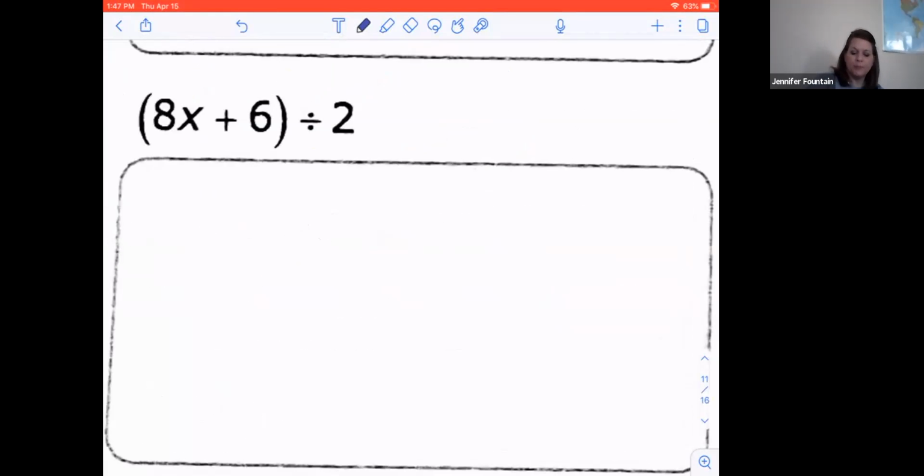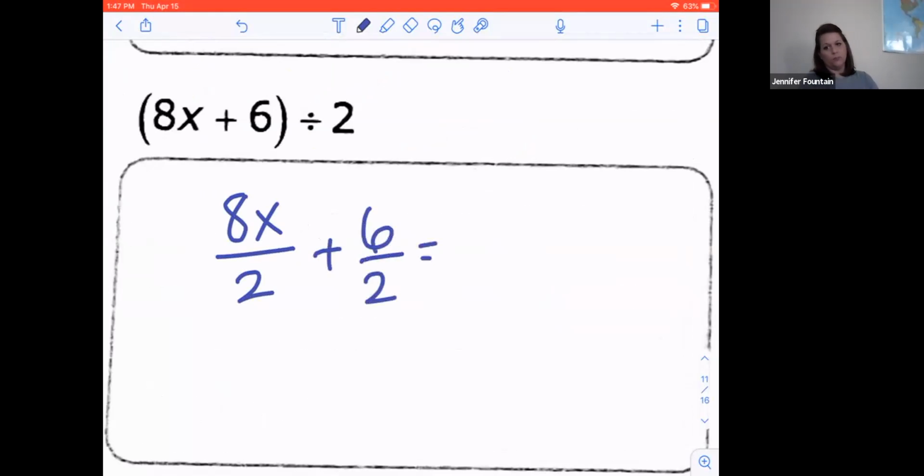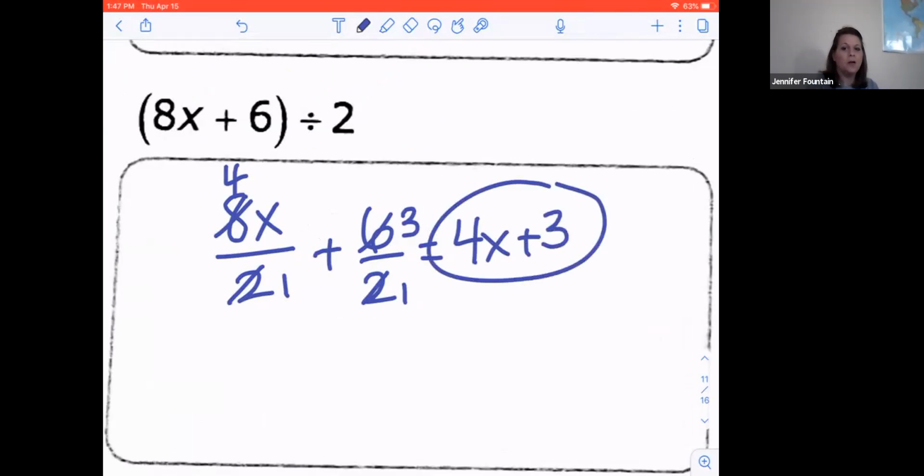8x plus 6 divided by 2. 8x divided by 2 plus 6 divided by 2. I'm going to cancel my 8 and 2. 2 cancels. 8 becomes 4. So I've got 4x. 2 divided by 2 is 1. 6 divided by 2 is 3. So I have 4x plus 3.